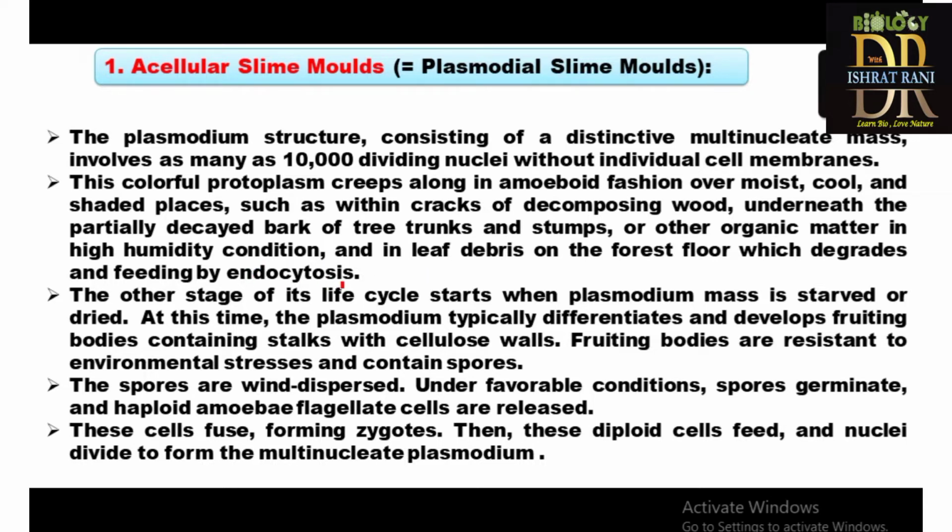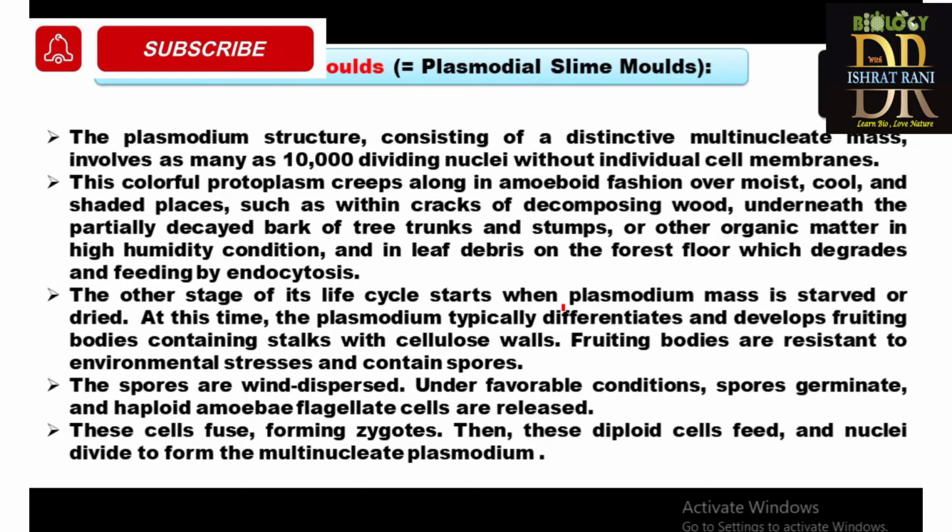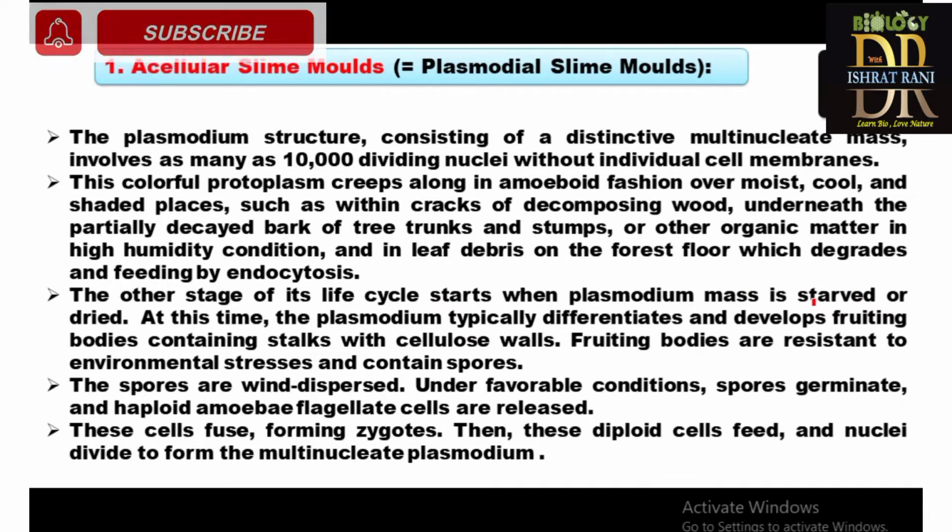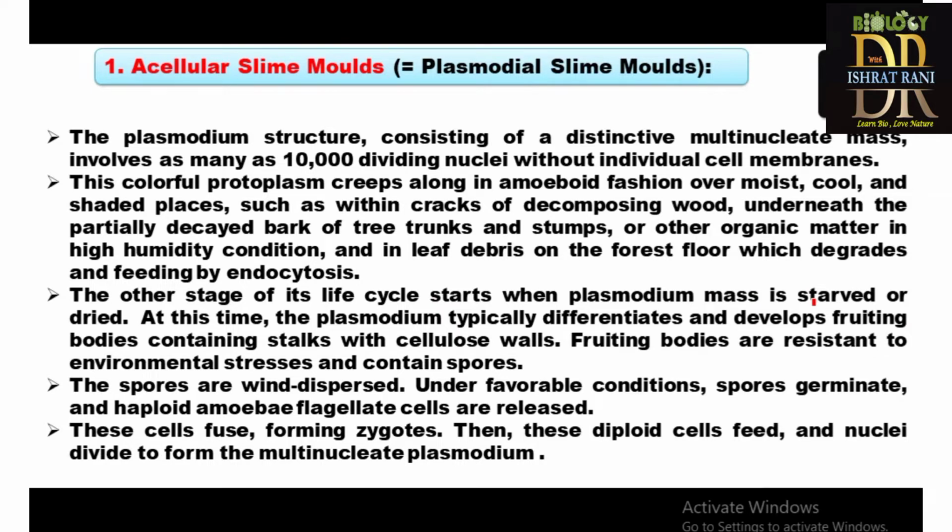The other stage of its life cycle starts when the plasmodium mass is starved. It means it does not have any food material, so it is in a starving or dried condition. At this time, the plasmodium differentiates and develops fruiting bodies containing a stalk and cellulose cell wall.